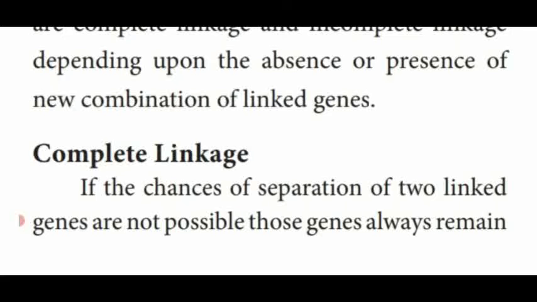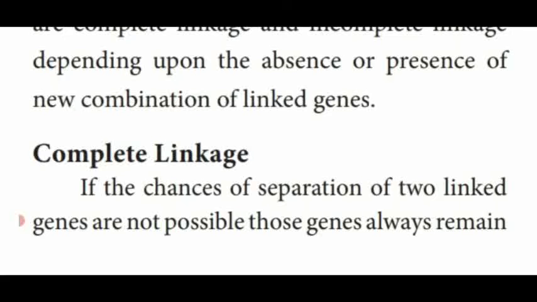What is the meaning of that? The chromosome contains different genes which are very closely located, so they are unable to separate. They stay together. As a result, only the parental combination appears.